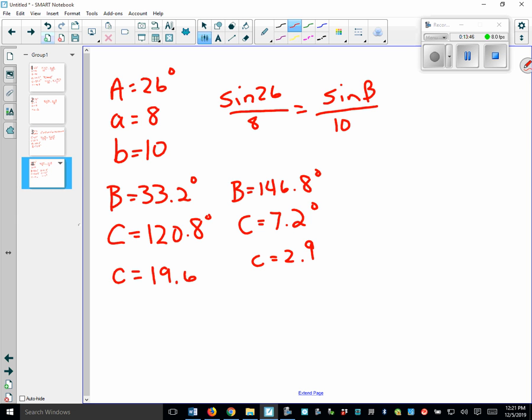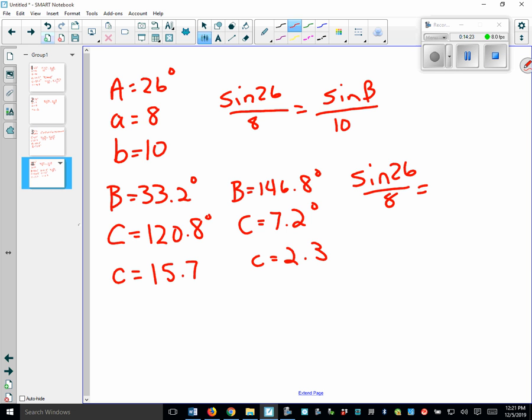I got 15.7 and 2.3. I can't tell what I did wrong. Good job, Garrett. To find that C, you did sine of 26 over 8 equals sine of 7.2 over C?